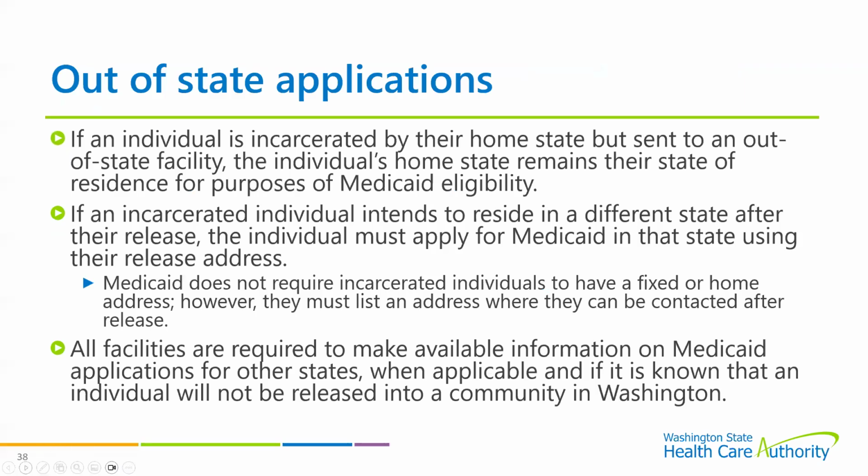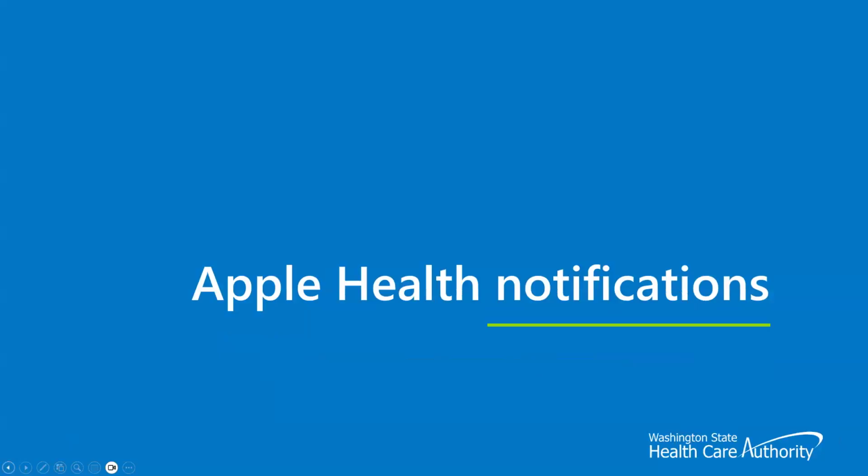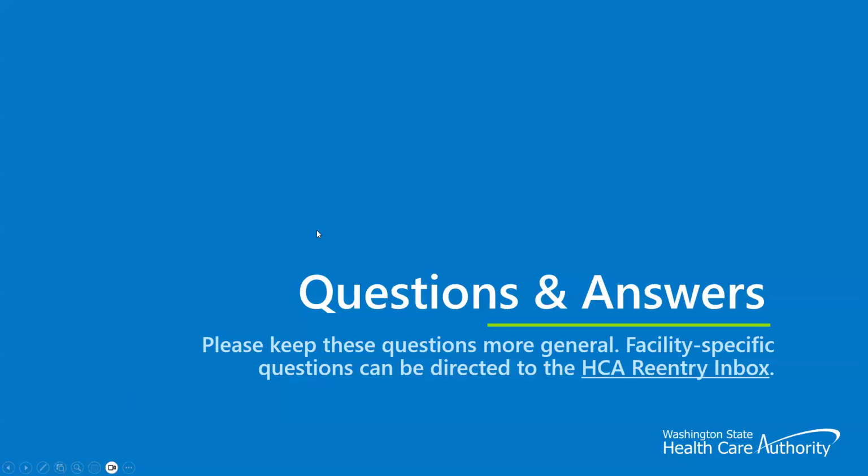My brain is not working on this one. Tara, could you help? Yeah. So if an individual comes in and they are placed in suspension, they're disenrolled and typically they would be disenrolled from their MCO. But they will still show enrollment because they will have the pre-release benefits eligible for the first 90 days.